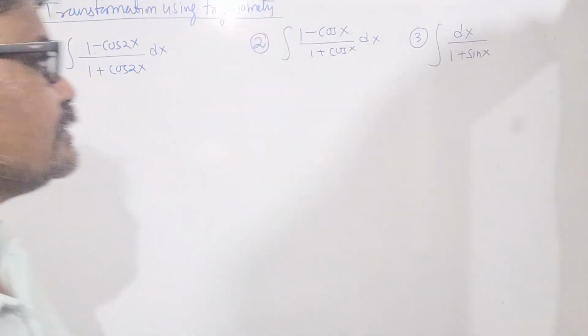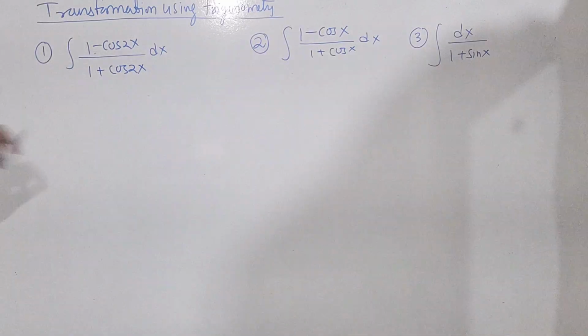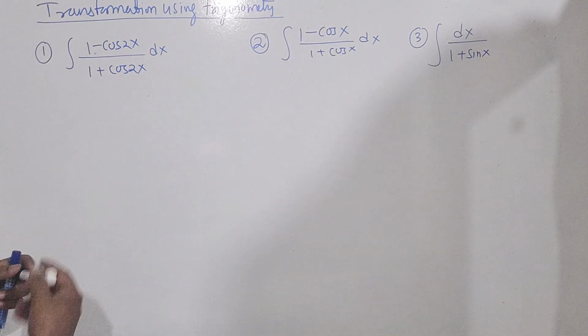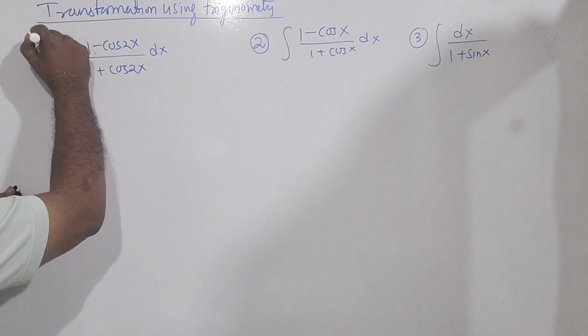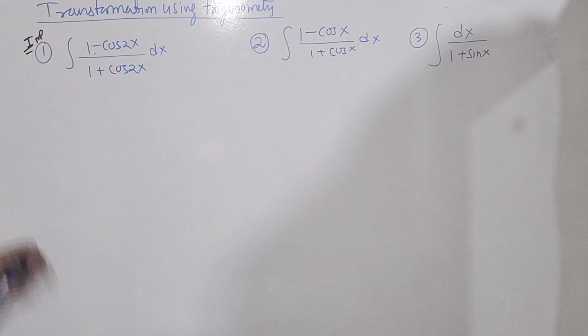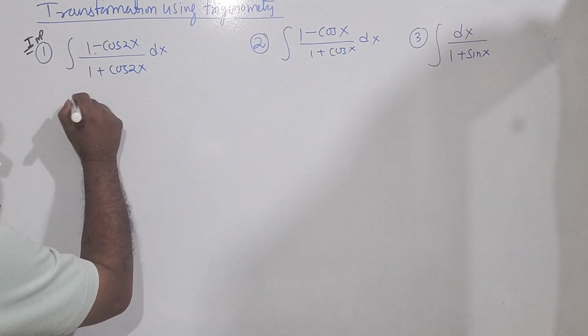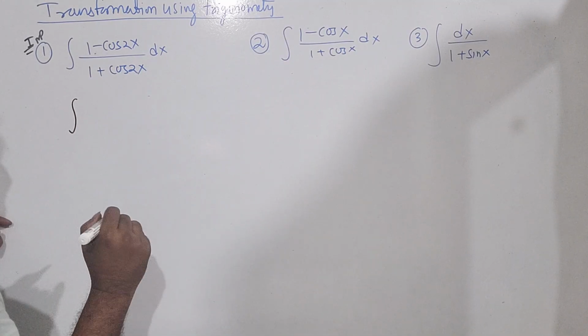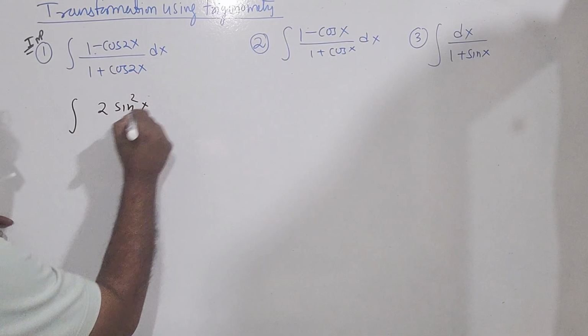So let us start with these three basic problems. See here, the first one is very important. All these problems are very fundamental. First one: what is the integration of (1 minus cos 2x) divided by (1 plus cos 2x)? Now we have to apply the trigonometric identities. 1 minus cos 2x is 2 sin square x, correct?